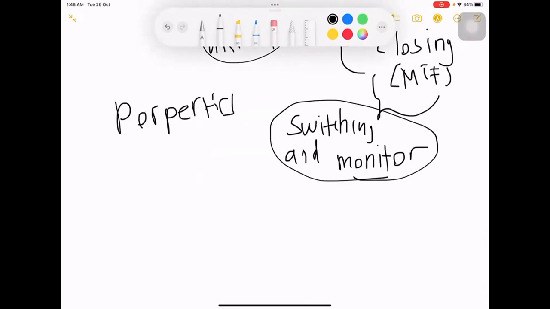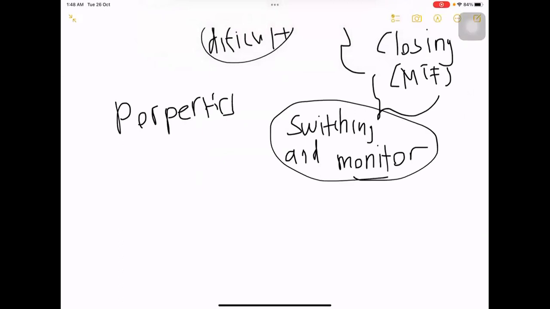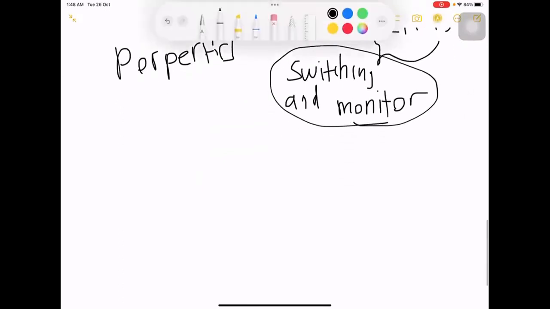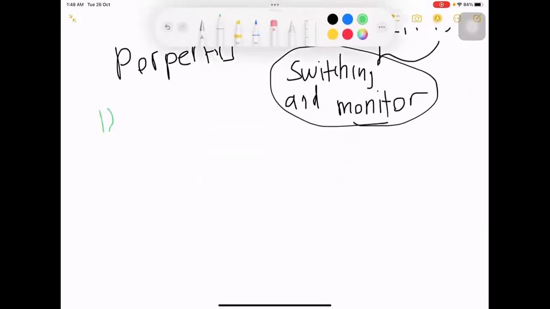First we have take profit or stopper. Okay.